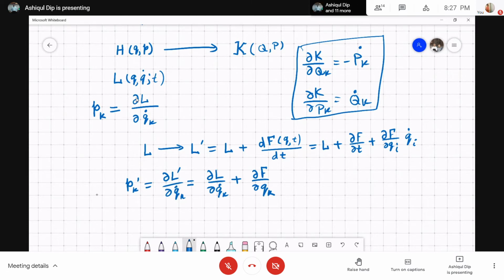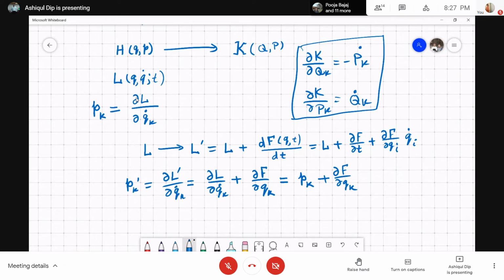As you can see, this is related to our old momenta: pk plus delta f by delta qk. So yes, we can tweak our momentum independently only if we also change our Lagrangian by this total time derivative part.